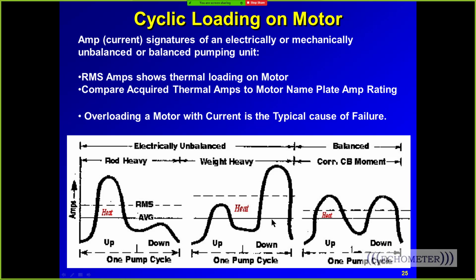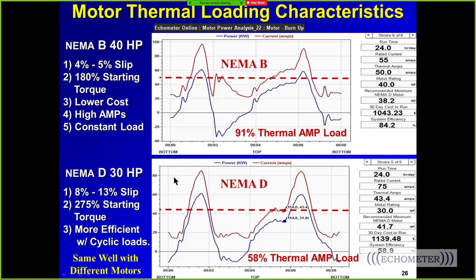The farther away from the average you are, the more energy is being lost to heat. So when you balance the unit, all you're doing is taking the RMS current and pulling it closer to the average, and you're reducing your cyclic load factor for kW, and that's equivalent to a reduction in heating. So here we're reducing our thermal current flow by reducing our RMS current. That's what this is trying to show us.